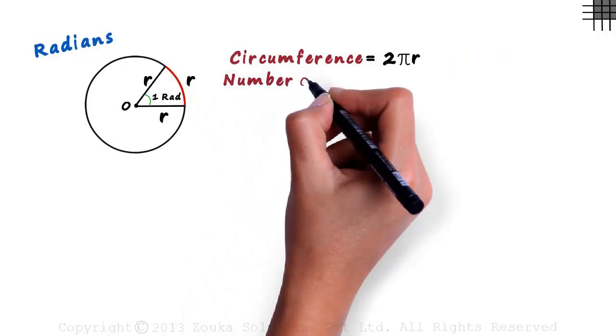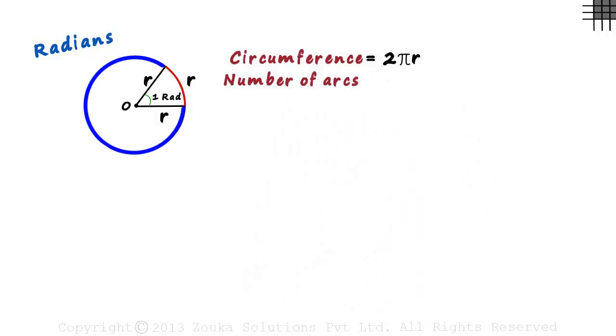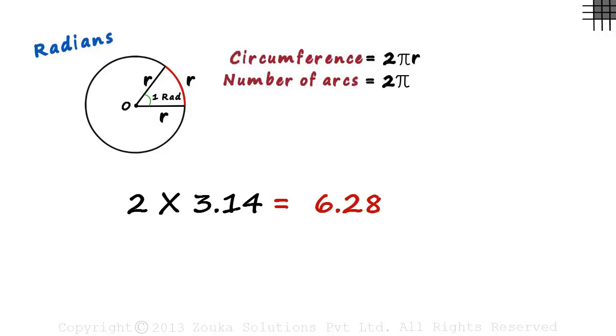How many such arcs would we need to cover the entire circumference? Think about it. We have the formula in front of us. Yes, we would need 2 pi of such arcs. Since pi is approximately 3.14, we will have 2 multiplied by 3.14, which equals 6.28 arcs. We would need 6.28 arcs of length r.